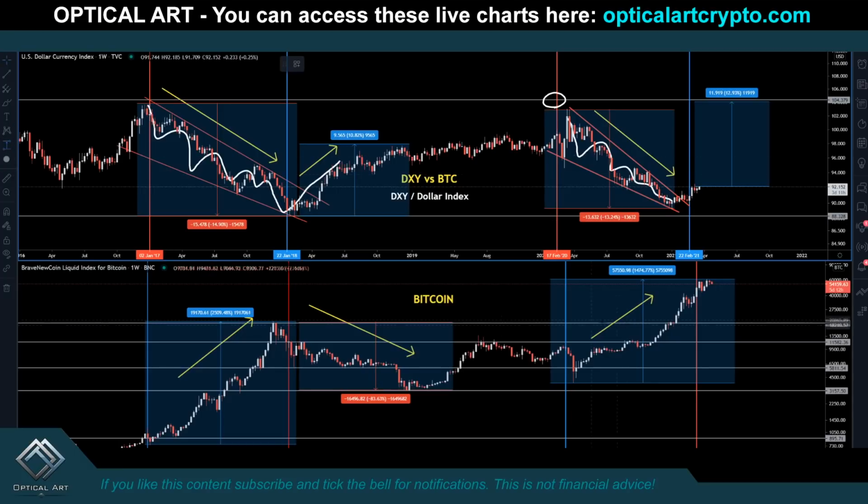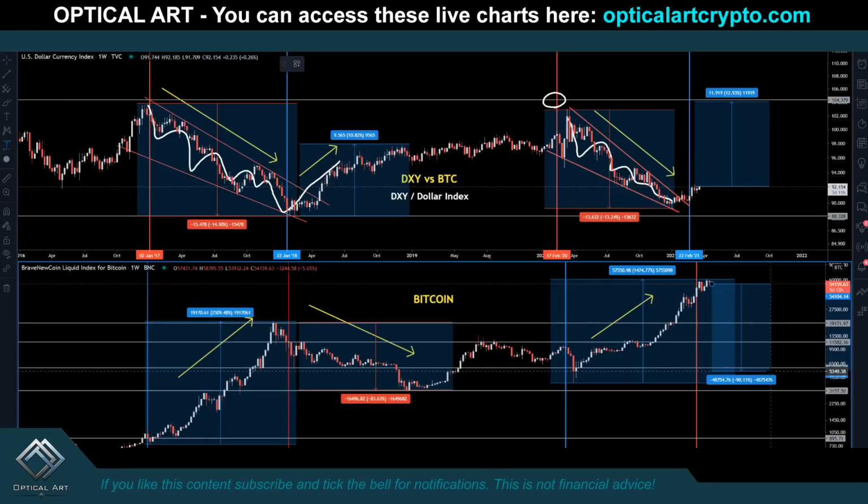So we could potentially have another 80% drop, guys. If we just match last time, 83% would take us down to around $9,000. I'm not saying that has to happen, but it's good to have these charts. It's good to look at the bigger picture and just know what's possible.